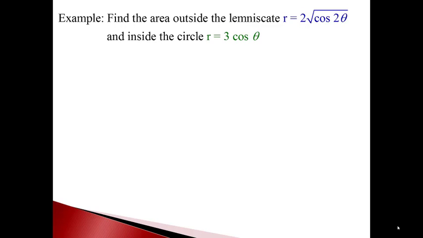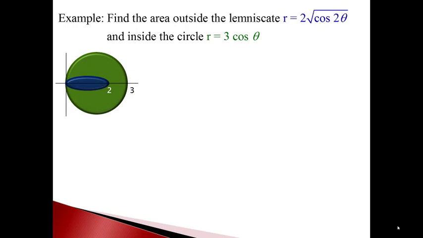We end this section with the following example. Find the area outside the limaçon r equal to square root of cosine 2 theta and inside the circle r equal 3 cosine theta. The given area is the difference between the area of the circle and the area of the other curve.